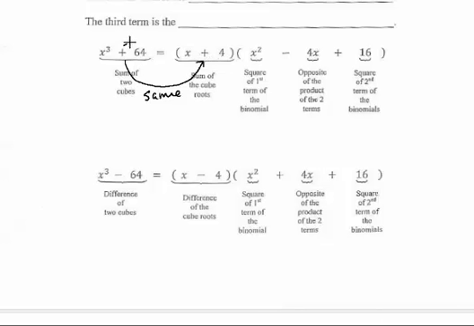Now the second sign is going to be different, and then the third sign is, well, it's always a plus, so maybe I shouldn't draw an arrow up here. So I'll say always plus.